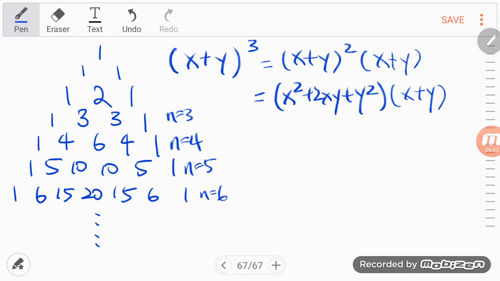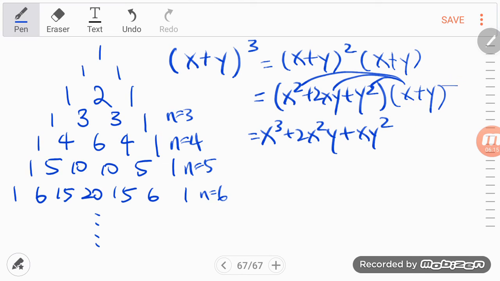So now everything's good. So that's gonna give me, if I FOIL it, x cubed plus 2x squared y plus xy squared, and then do the same thing for my y.